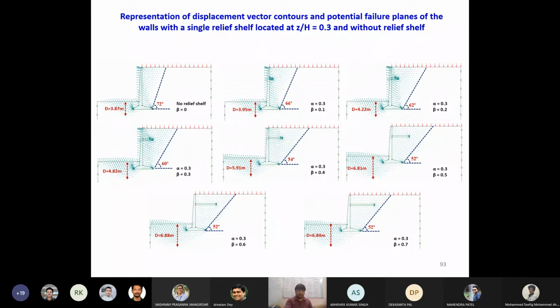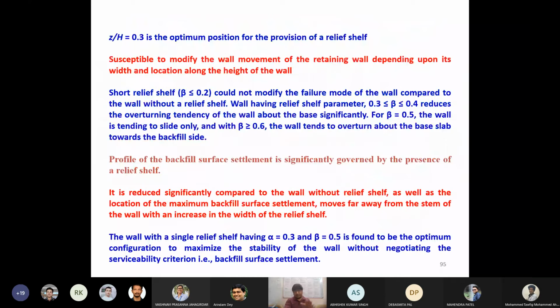Okay, so all the things I have noted from my study, I have already cited. So this is a summary of all that we noted.